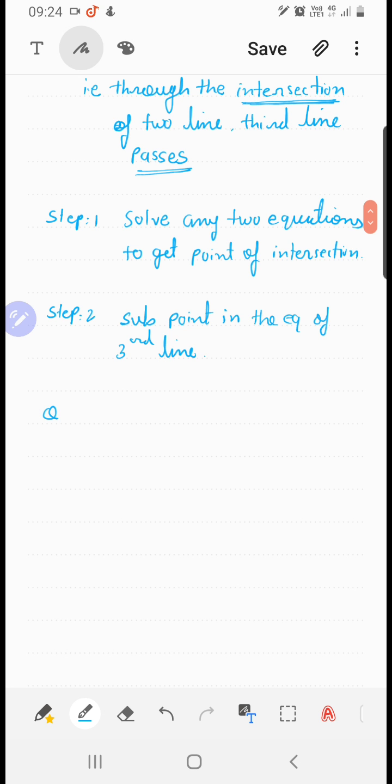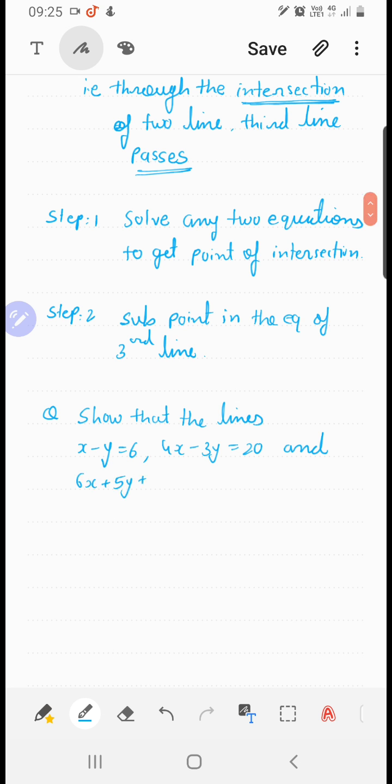Show that the lines x minus y equal to 6, 4x minus 3y is equal to 20, and 6x plus 5y plus 8 equal to 0 are concurrent.